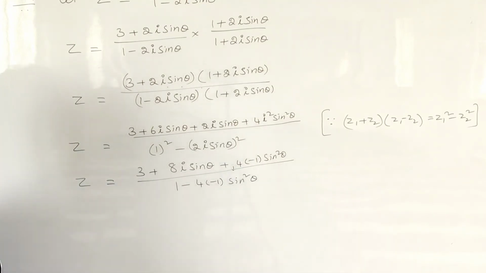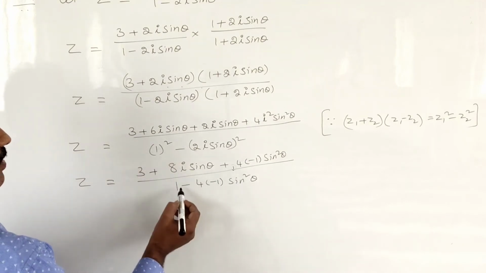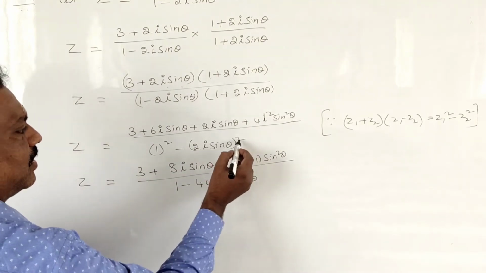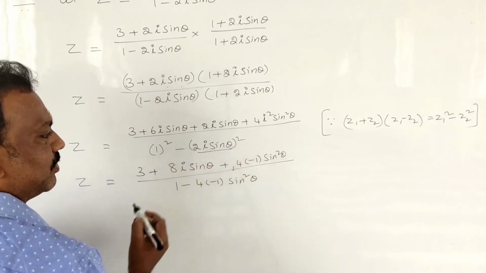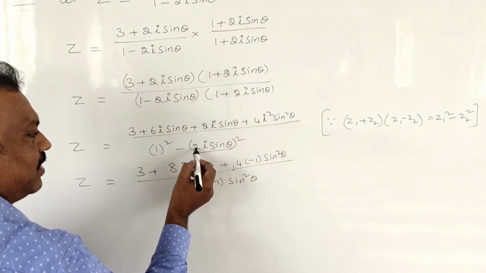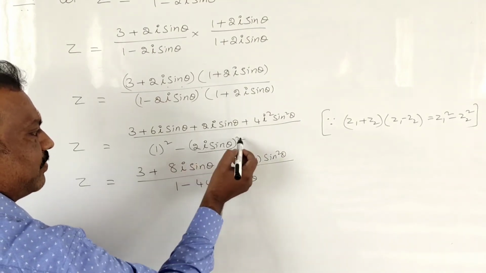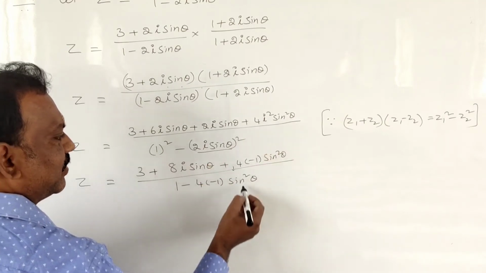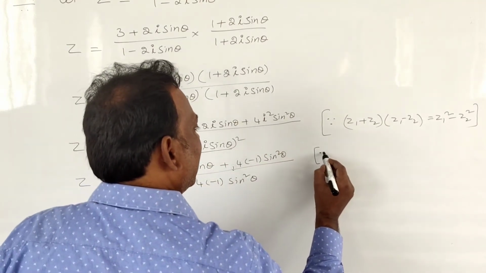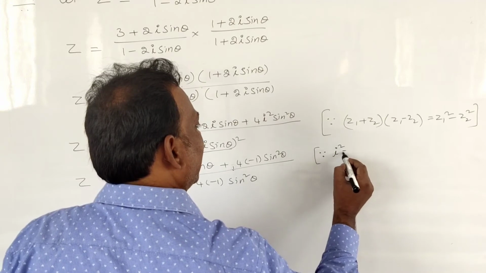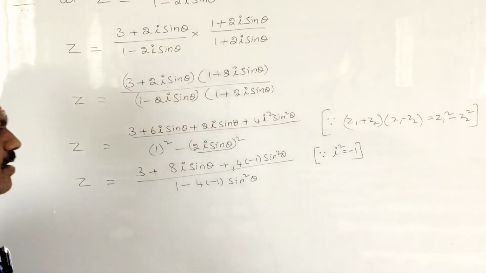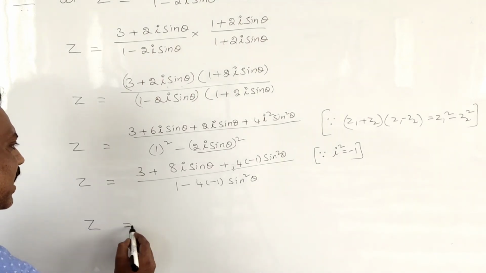Students, carefully you have to simplify the problem. 1 square is 1, there is a minus, this is square for all the 3 terms. What are the 3 terms? Number constant 2 square 4, i square minus 1 and sin square theta. You know very well, in the i values, i square is minus 1, so I replaced i square with minus 1. So you can go for more simplification.